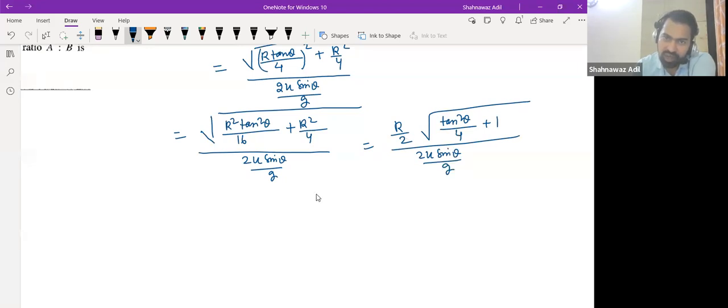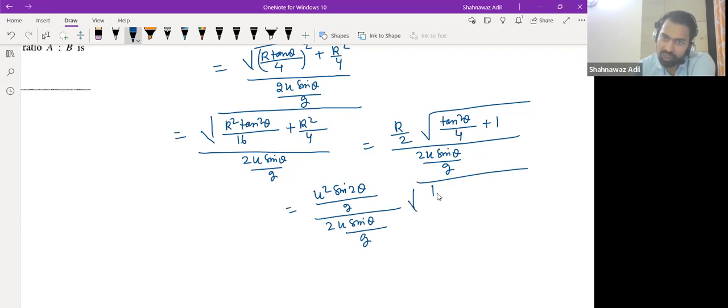Here r is u square sine of 2 theta by g.